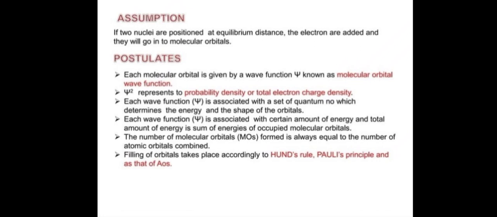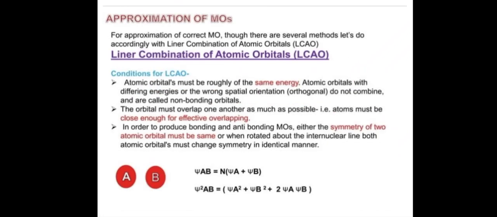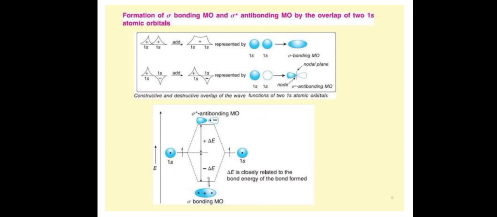They are formed from a very important principle called linear combination of atomic orbitals, that is the LCAO principle. In case the two atomic orbitals that are combined have the same energy or very near energy and approximately the same orientation, then they will combine and form new molecular orbitals.